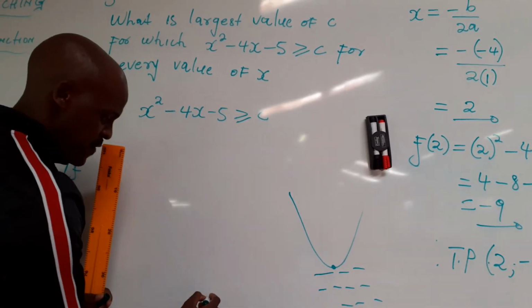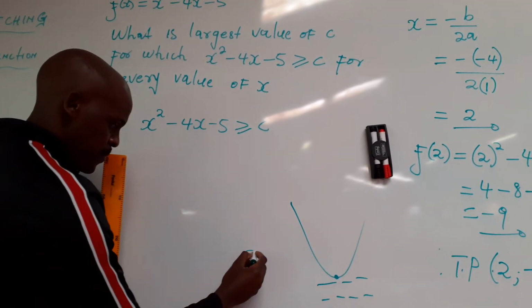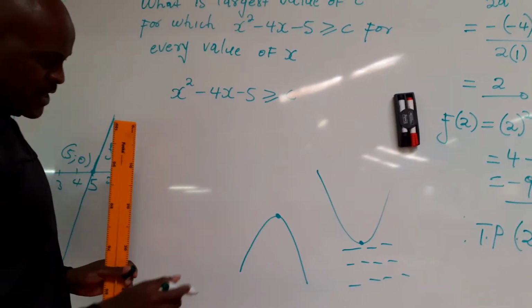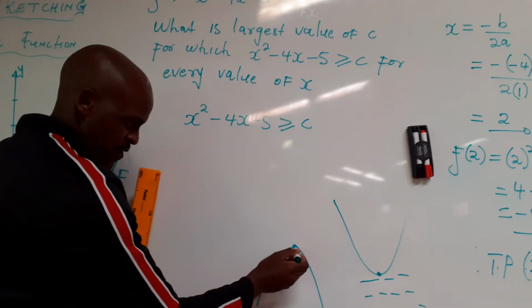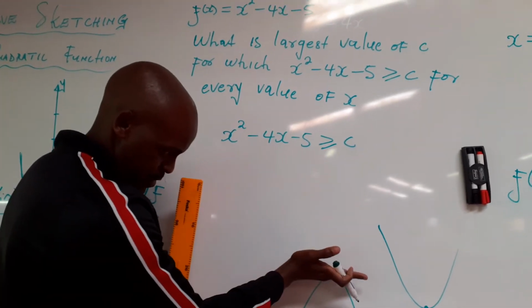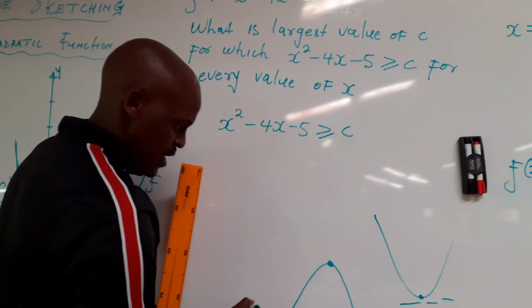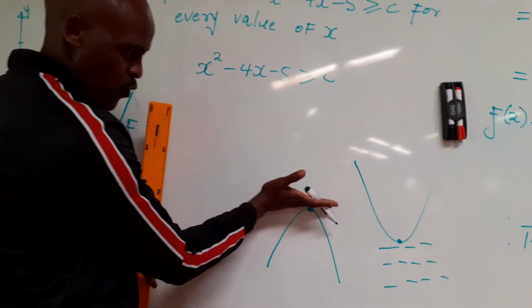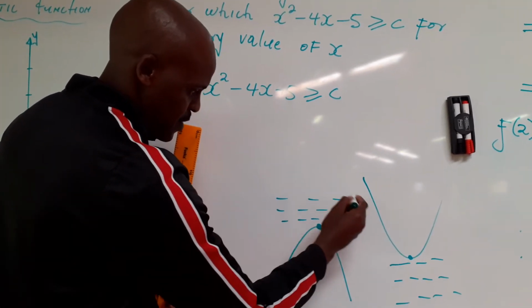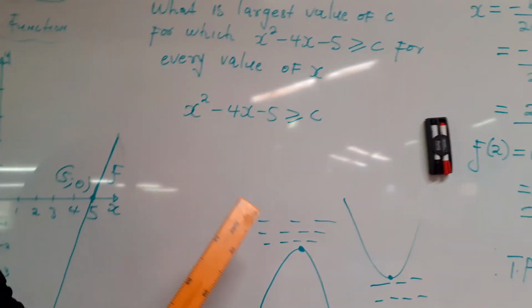If it's concave down, our graph is existing from the turning point downward. This is our graph, from the turning point downward. Once we are above the turning point, there is no graph there.